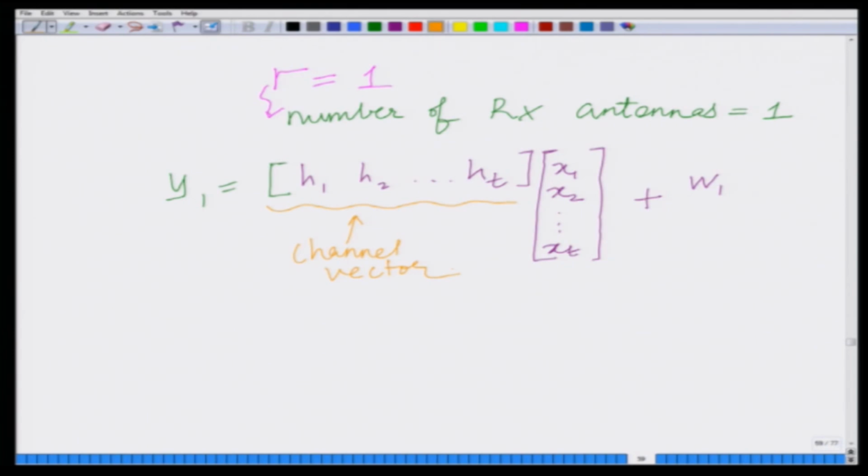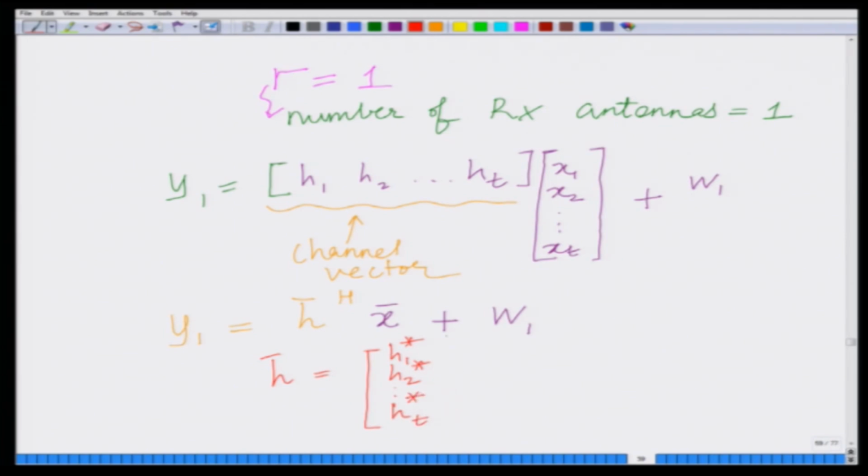Therefore, I can denote this as y1 equals h bar Hermitian x bar, where x bar is the transmit vector, plus w1, where my channel vector h bar conjugate is equal to h1 conjugate, h2 conjugate, hT conjugate.